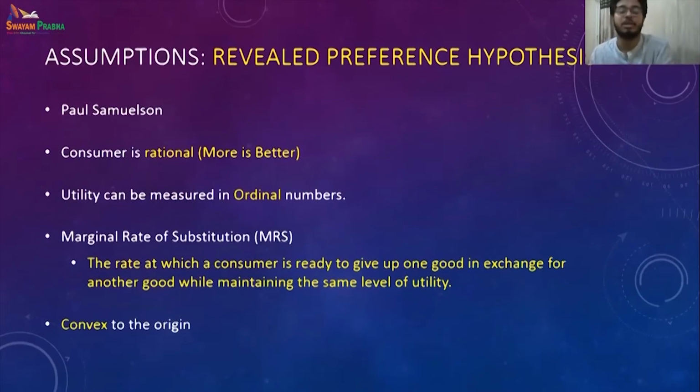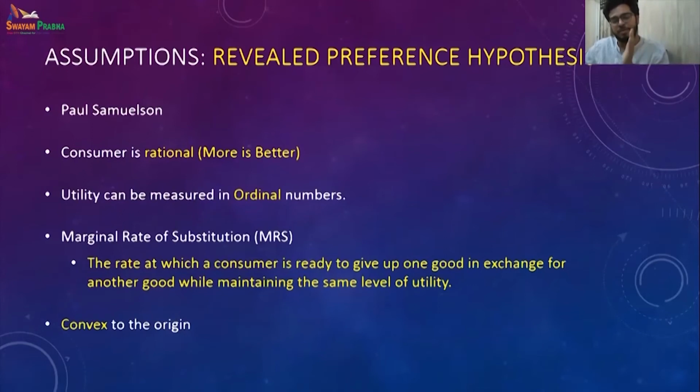So this marginal rate of substitution explains the convexity, the shape of the indifference curve, which is convex to the origin, because the rate of substitution decreases. It is called the diminishing marginal rate of substitution.